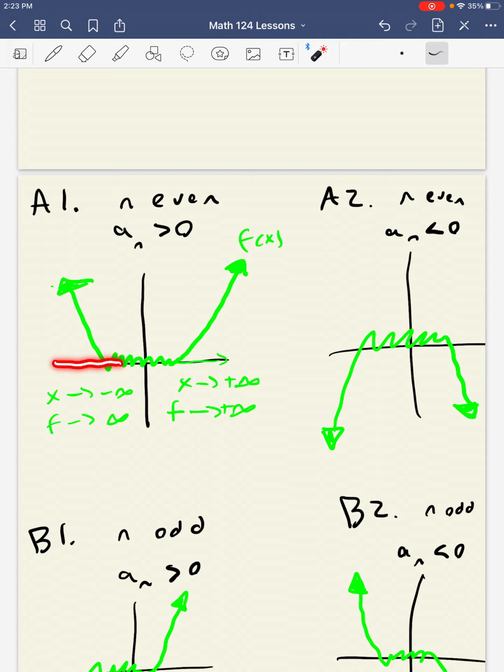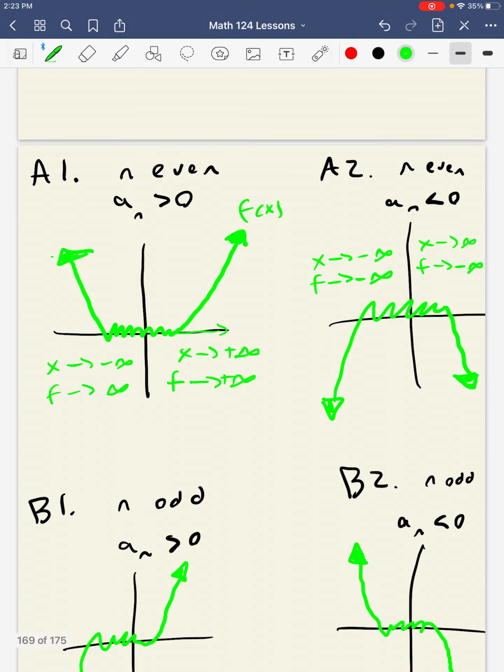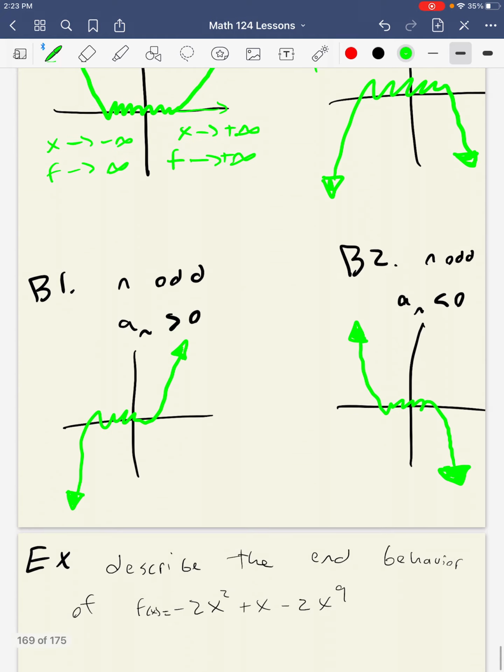Right, when x goes to minus infinity, f goes up to positive infinity. Here in case A2, we have x goes to positive infinity, f goes to negative infinity. x goes to negative infinity, f goes to negative infinity. Okay, so that is the two end behavior cases when the exponent is even in the leading term.